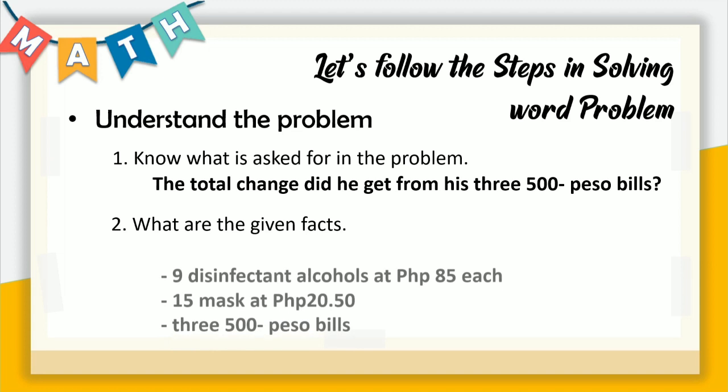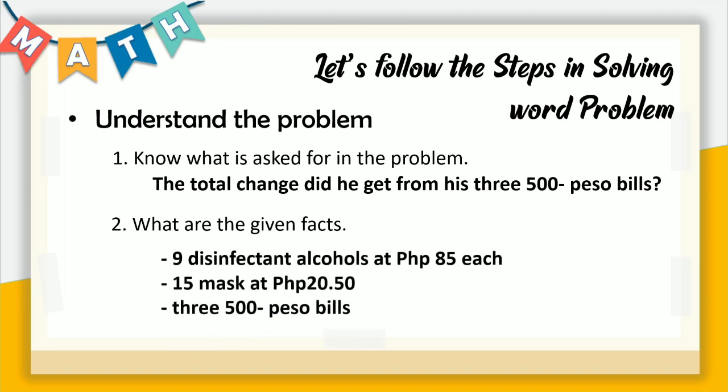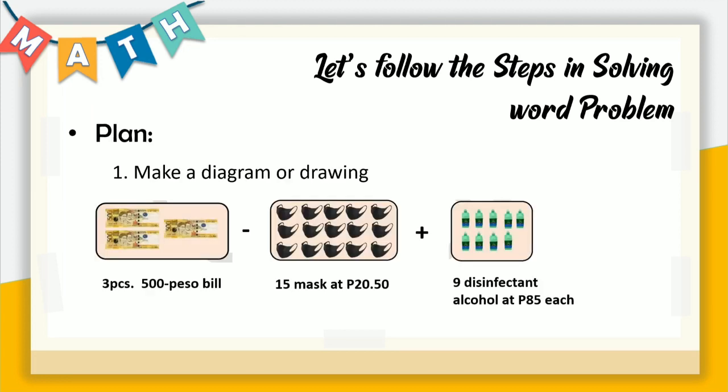The given facts are 9 disinfectant alcohols at 85 pesos each, 15 masks at 20 pesos and 50 cents, and 3 500 peso bills. For our plan, we're going to use the strategy of making a diagram or drawing. Our plan is to get the total cost of these items and subtract it from our money, which is 3 pieces of 500 peso bill.